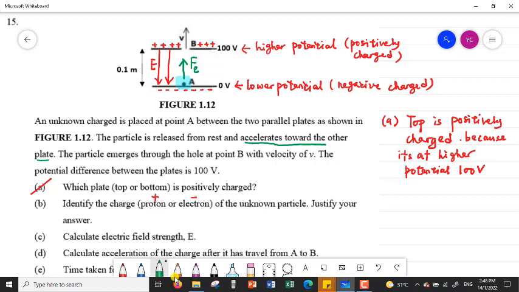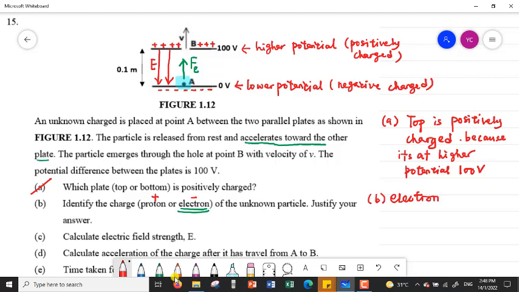So kalau dia attract kepada positively charged plate, it means that this particle must be an electron. So the unknown particle is an electron.